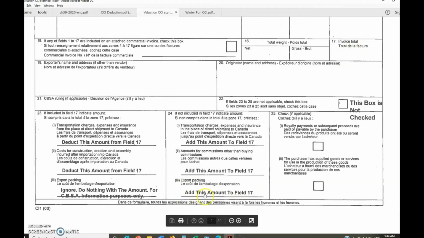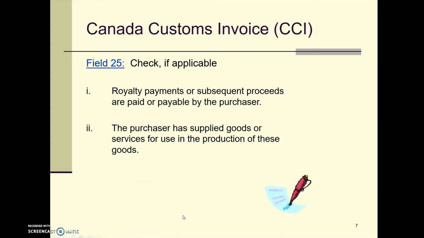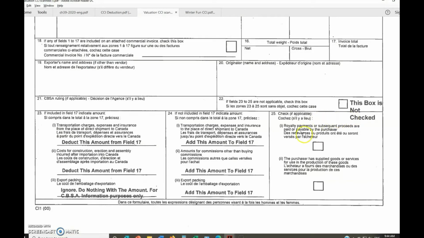Now, we're going to talk about field 25 just quickly, but we're not going to be doing it in this particular class, but it's interesting to know what those are. Field 25I is royalty payments or subsequent proceeds. So let's talk about what royalty payments are. If you buy something and you're paying two people for that good, you're paying one person to manufacture it, but you're paying another person for the right to use that good.